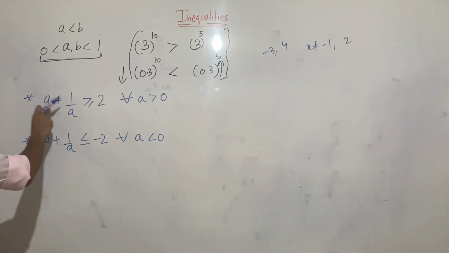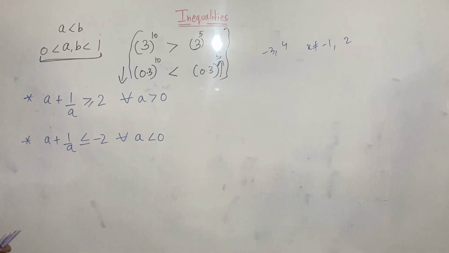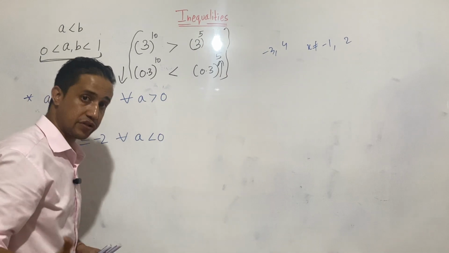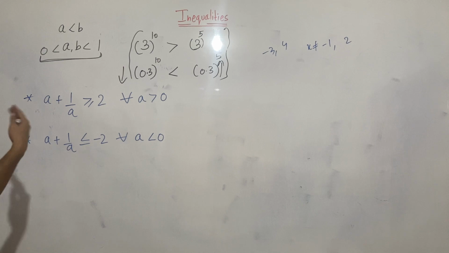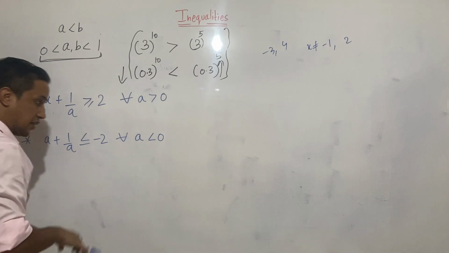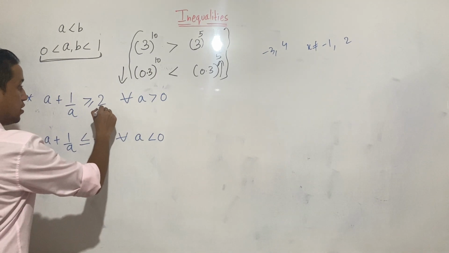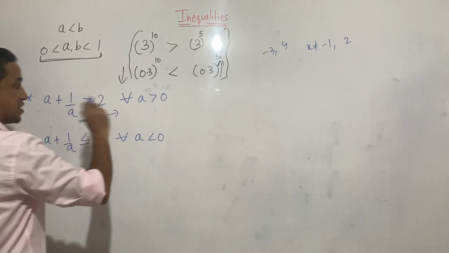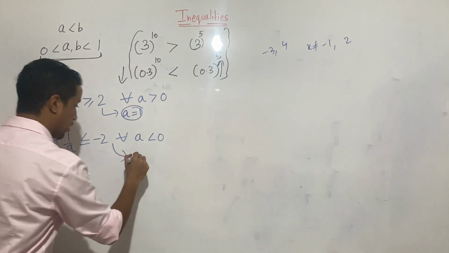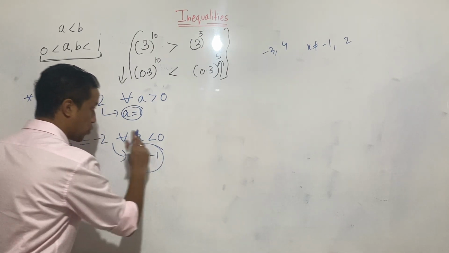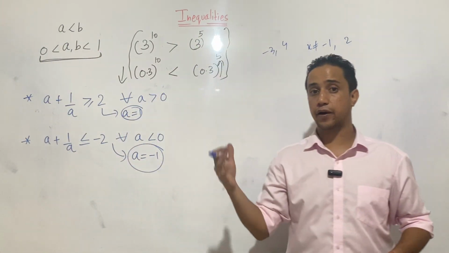It means the sum of a number and its reciprocal is always greater than or equal to 2 if your number is greater than 0, and it's always less than or equal to minus 2 if your a is negative. The minimum value you will get is at a equal to 1, and here the maximum value you will get is when a is minus 1. But don't worry, just remember these two results. I will do the proof in the coming times.